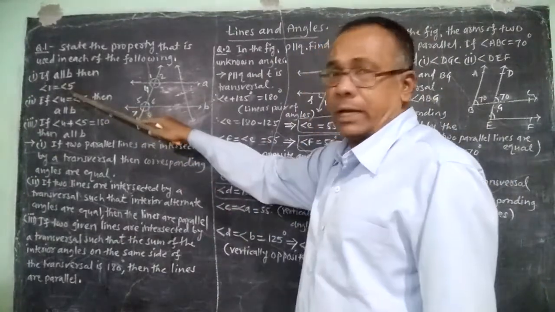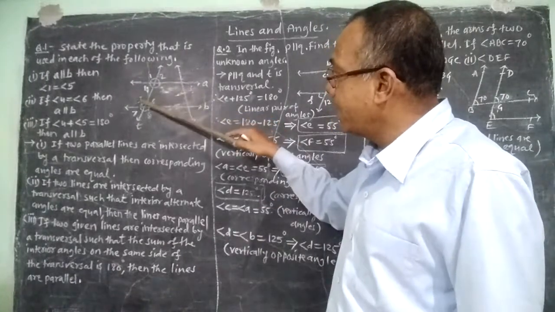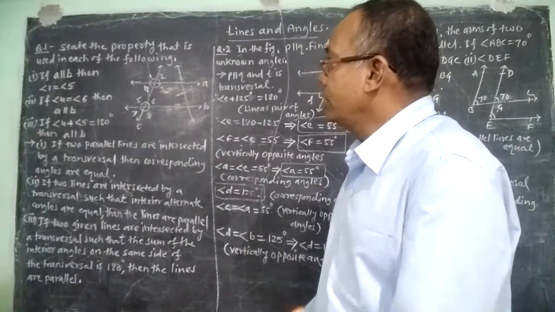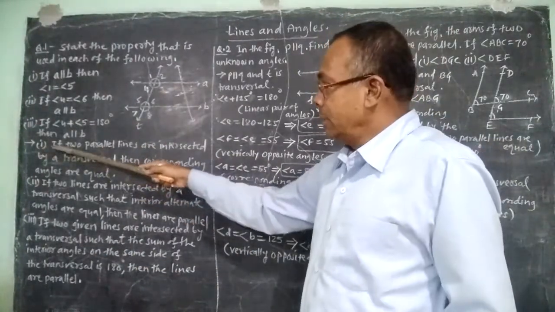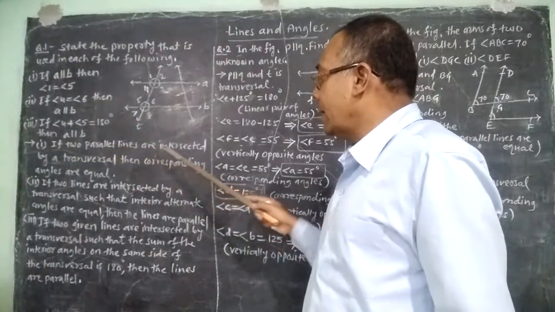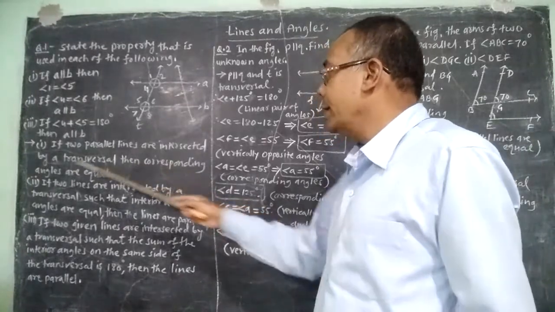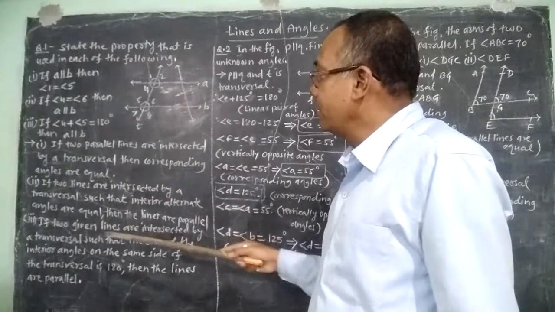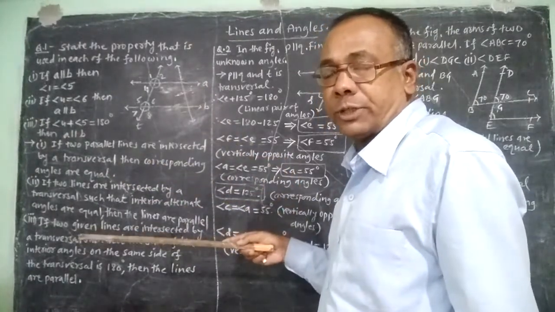Angle 1 equal to angle 5. Just now I have told you that angle 1 and angle 5 are corresponding angles, and we can state the property here: if two parallel lines are intersected by a transversal, then corresponding angles are equal.